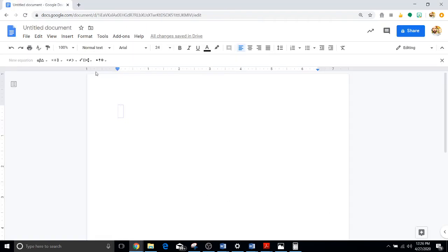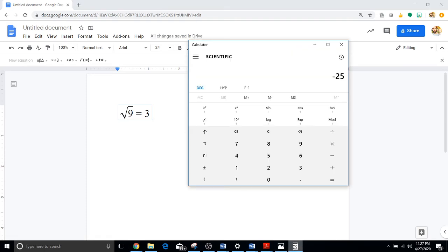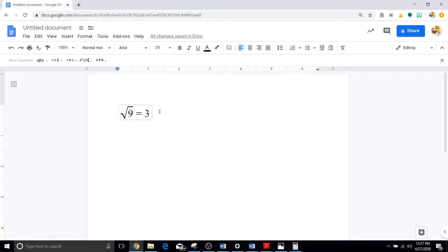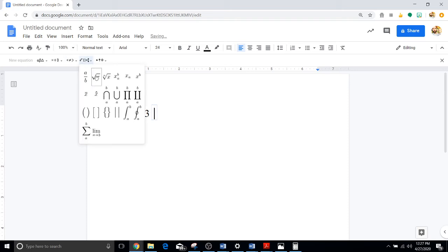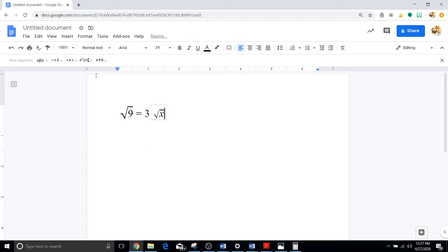All right, so we know that we can do the square root of 9, and that is going to give us 3. And if you don't believe me, here's 9, square root button, 3. There you go. We also know that the square root of x squared is going to be equal to x.